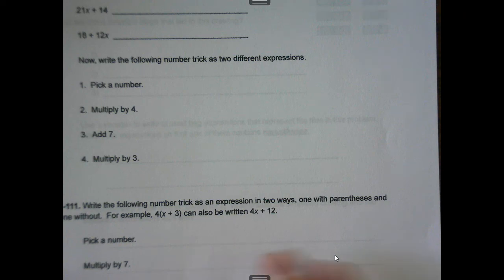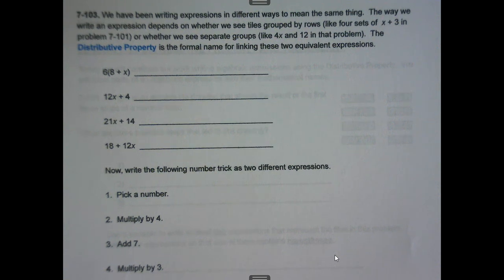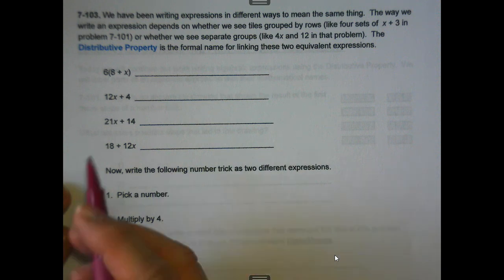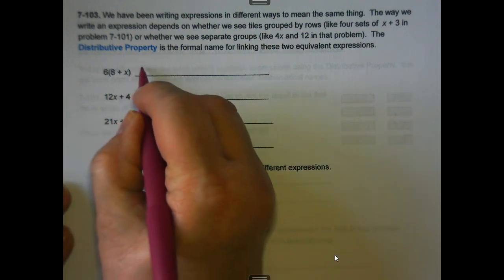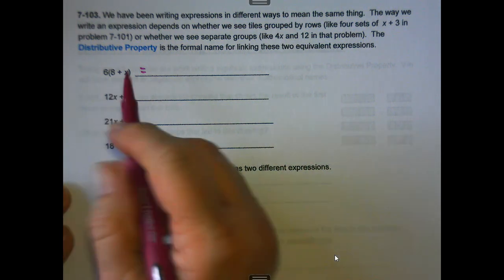And for this problem, we are going to be working on our distributive property. And we are going to write an expression that is equivalent or the same as this one.